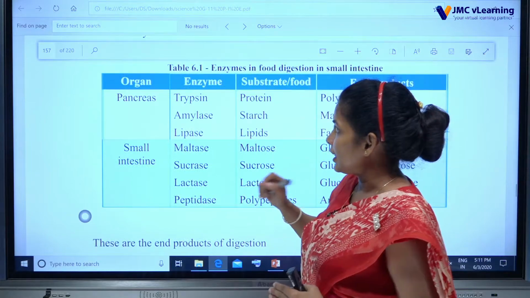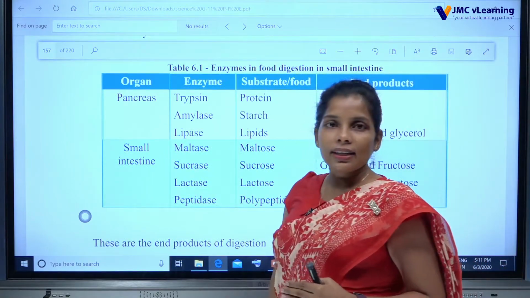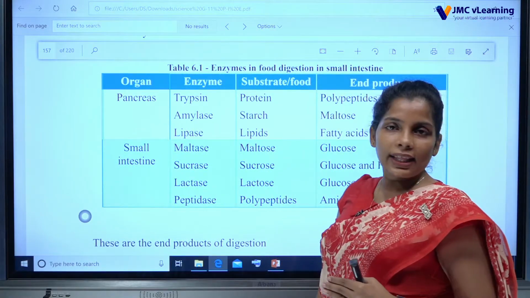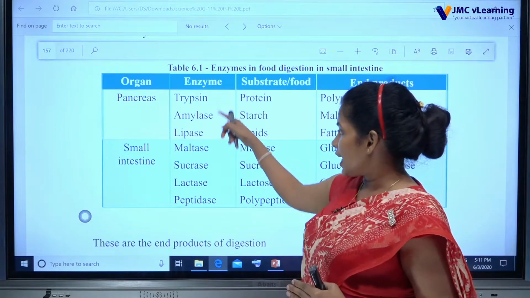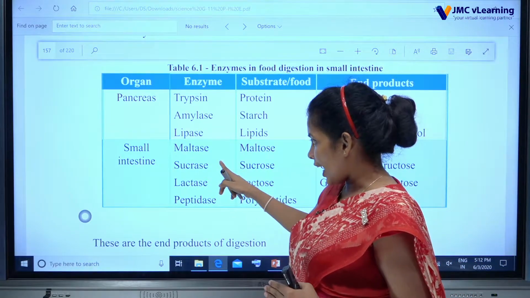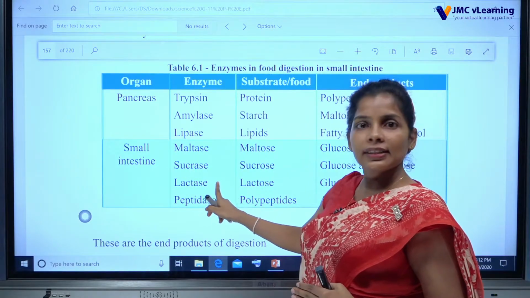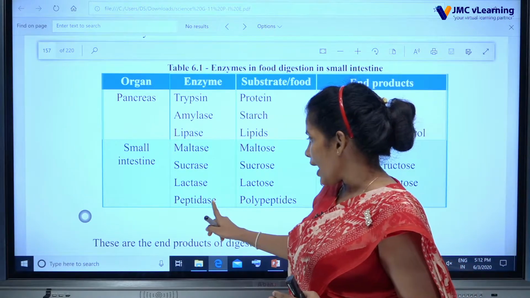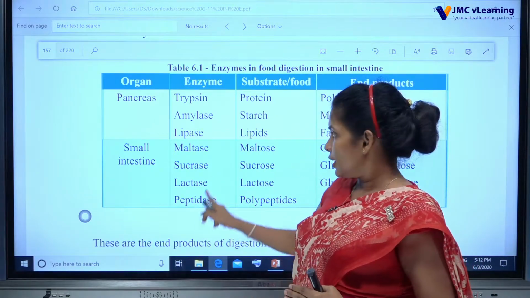Small intestine. Now this is another organ. The small intestine's length is 7 meters, and the enzymes are maltase, sucrase, lactase and peptidase.